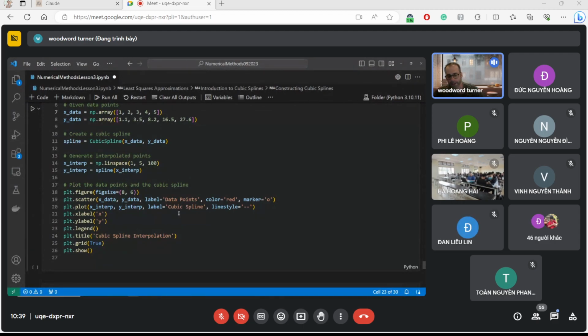And that'll be the cubic spline for the X and Y data that we have. And I'll make that into a dotted line. We'll give it an X label, a Y label, a legend, which will tell us which one are the data points, which one are the spline. We'll give it a title, turn the grid on, and then we'll show the actual graph.